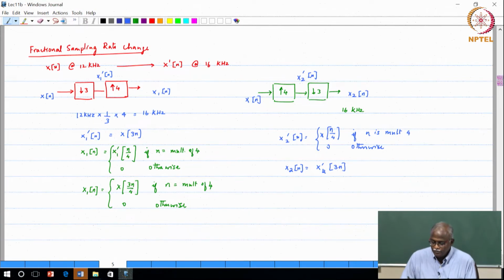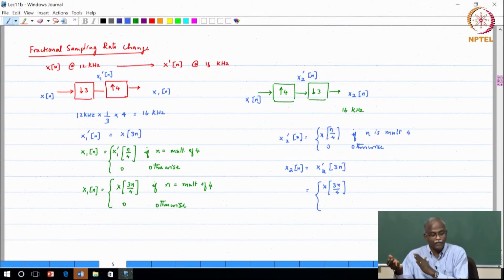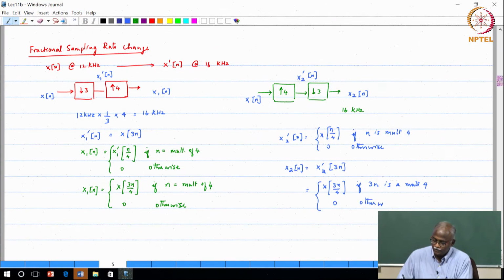If I substitute x2 prime of 3n, it will be x of 3n by 4, since the argument of x2 prime has to be a multiple of 4. So, if 3n is a multiple of 4, equal to 0 otherwise. So, that is x2 of n.